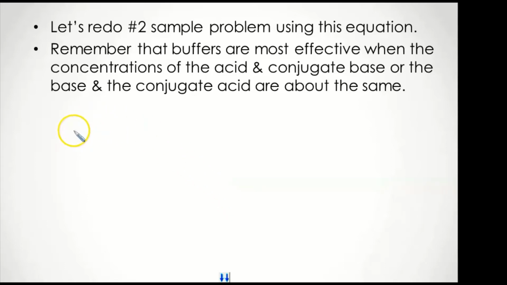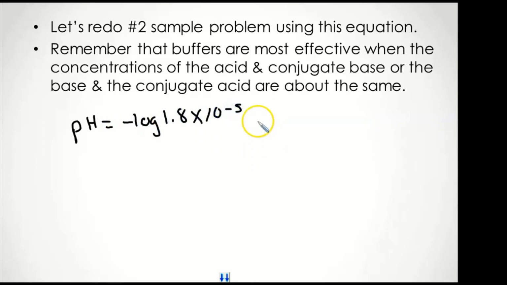So for number 2, the pH is the negative log of 1.8 times 10 to the negative 5th, plus the log of, well, I didn't have to write it, you just write the initial numbers. It was 0.3 molar sodium acetate and 0.3 molar acetic acid. You notice these are the same, so this would be 1.